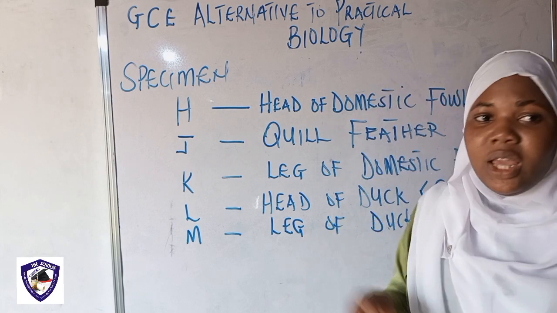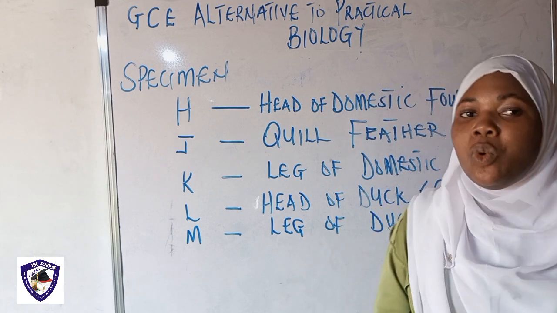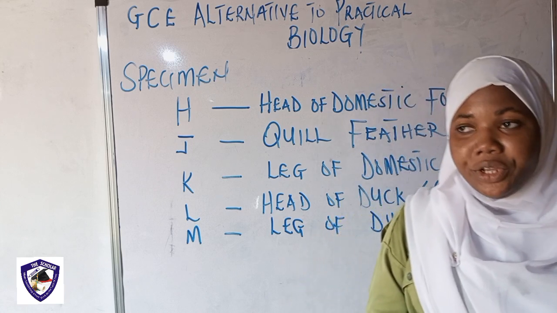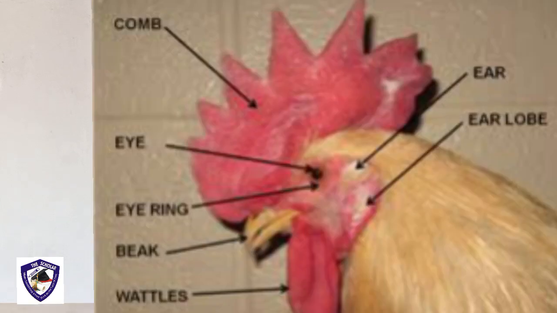Now this head has no external ear, and the eyeball is covered by an eye ring. In the drawing of this, you notice the comb, the nose strip, and the sharp beak, which I explained earlier is used for feeding on grains majorly. It is used for feeding and tearing also. You will notice the tongue, the trachea, the eyelid, and I said the eye is covered by what?